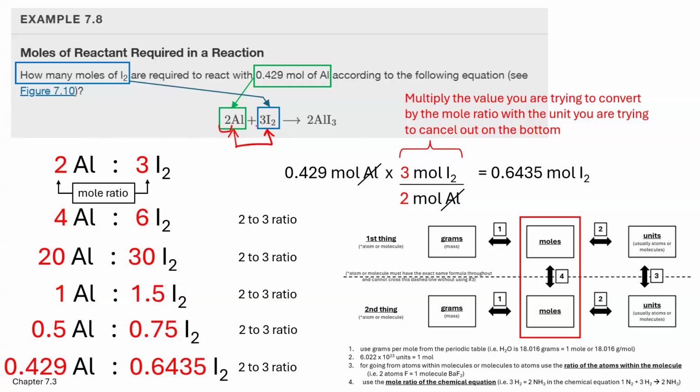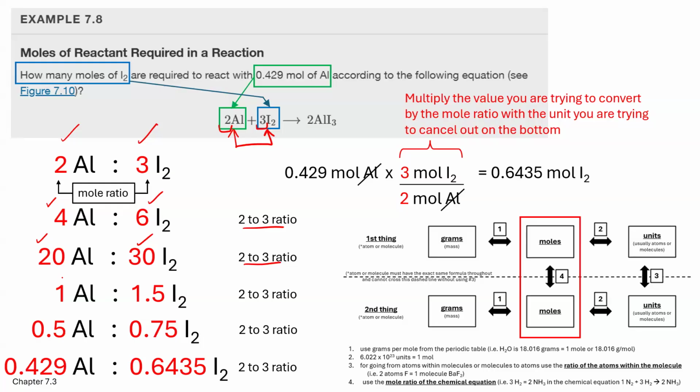Let's look at the ratio here: 2 aluminum, 3 iodine, 2 to 3. We could double that, but we have to double both, and it's still a 2 to 3 ratio. You can multiply both by 10, it's still a 2 to 3 ratio.